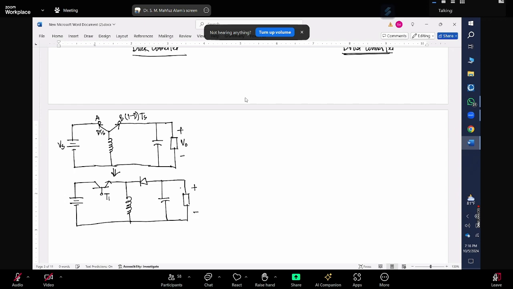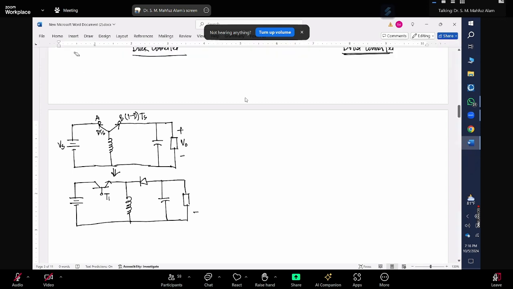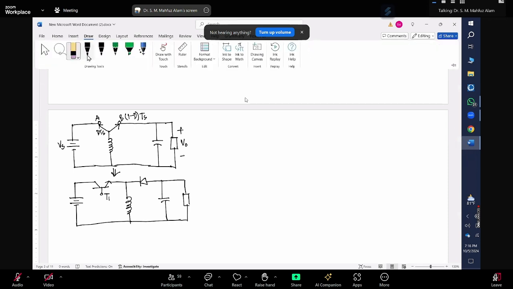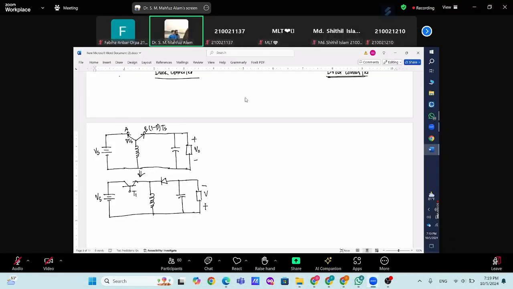Instead of having the plus minus polarity in this direction, we will choose the polarity in the reverse direction, because for the buck boost converter or the Cuk converter, the polarity is reversed relative to the source voltage.